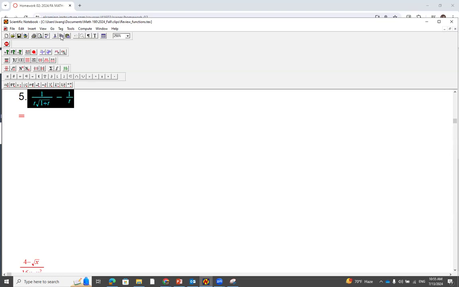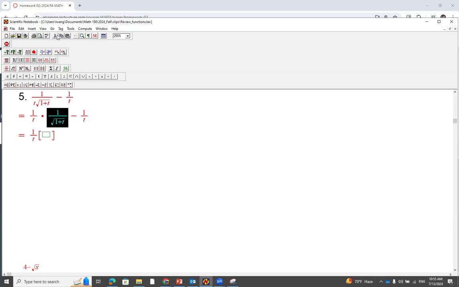We're going to do a sequence of factoring. The t can be written as 1 times 1 over t. So this expression is the same as this. So we're going to factor out the 1 over t.